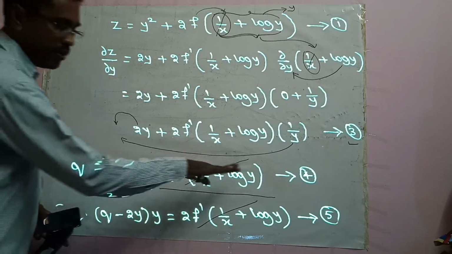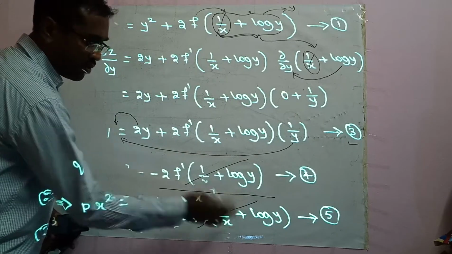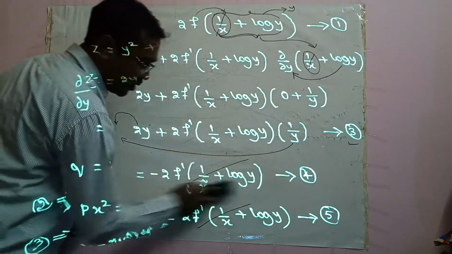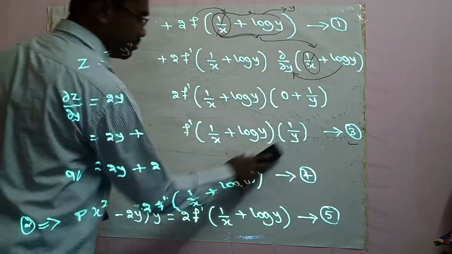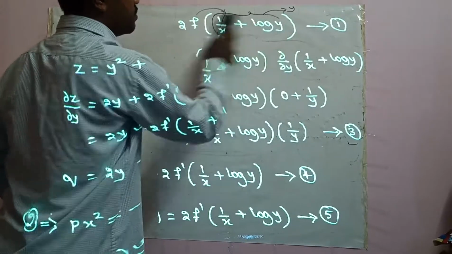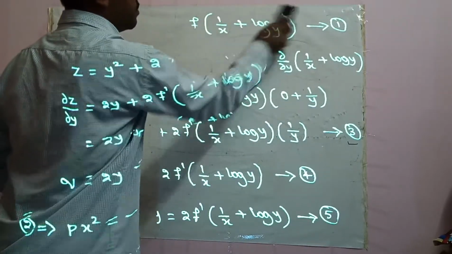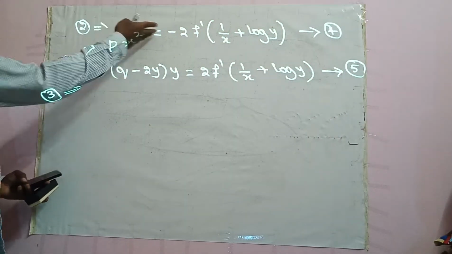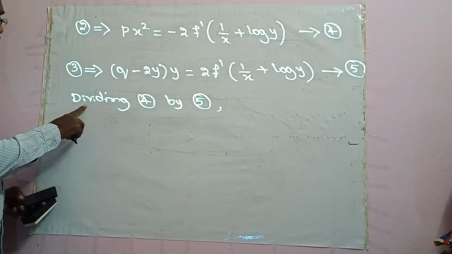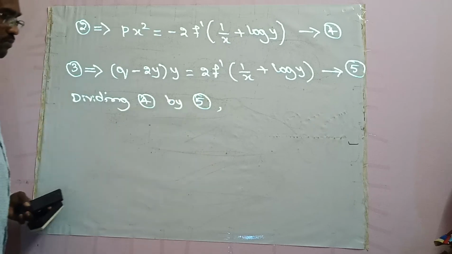Now what we do? We divide equation 4 by 5. Let us divide now. So this is our 4, this is our 5. So dividing 4 by 5.